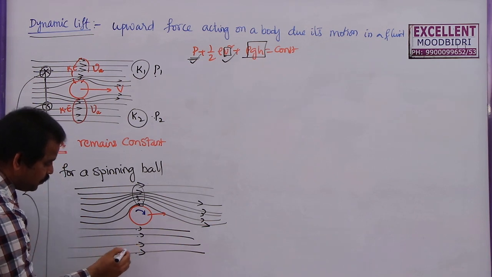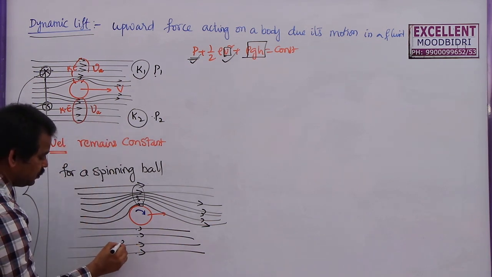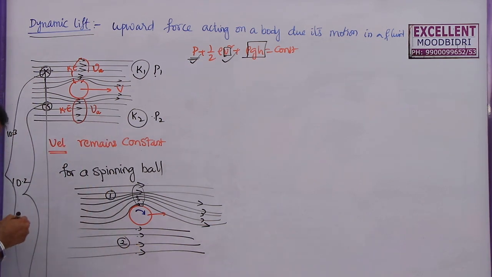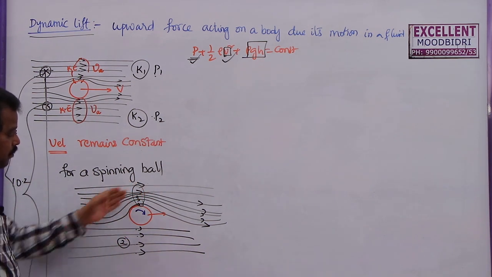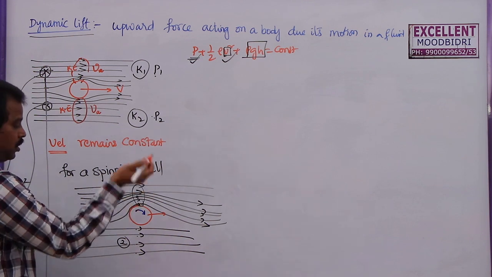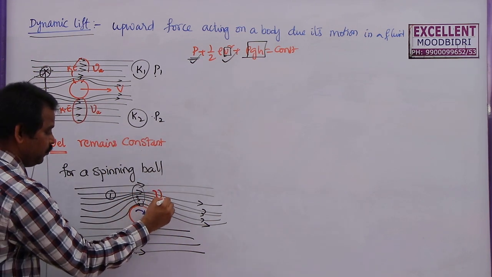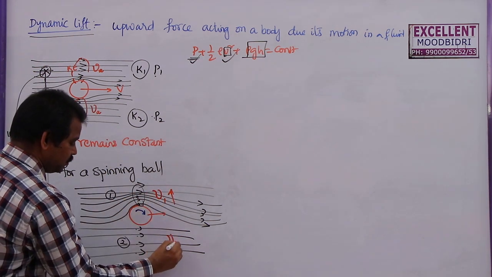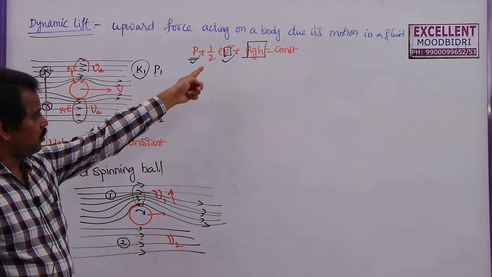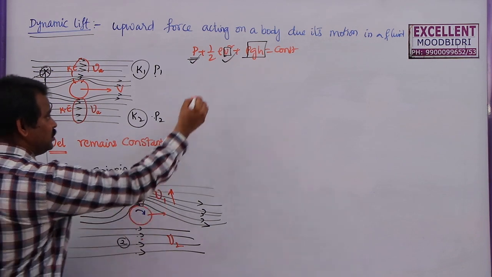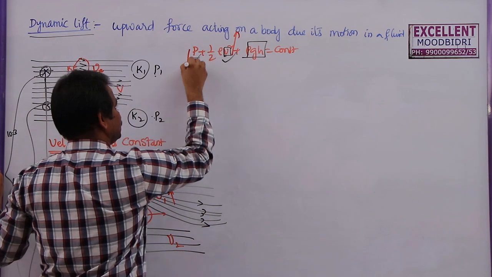Here, if you compare the bottom, let me take this point as 2, this point as 1. As the area is less here, within the small area, more streamlines are passing through this one. So according to the law of continuity, V1 is greater than the velocity at this point, V2. Now, by applying Bernoulli's theorem, wherever velocity is more, the pressure energy will be less.